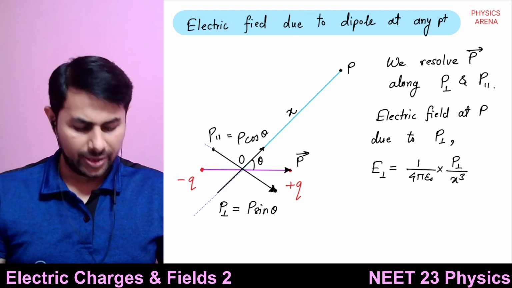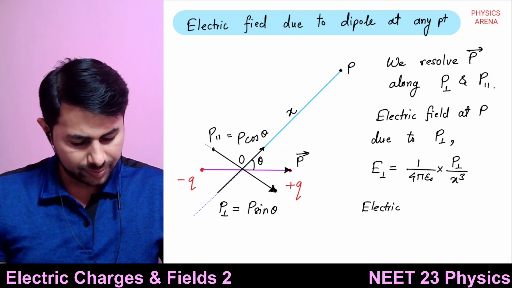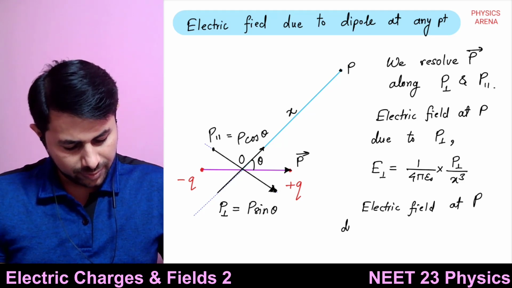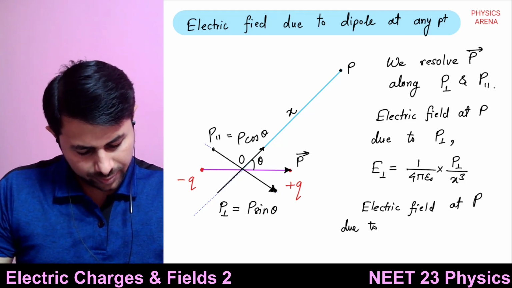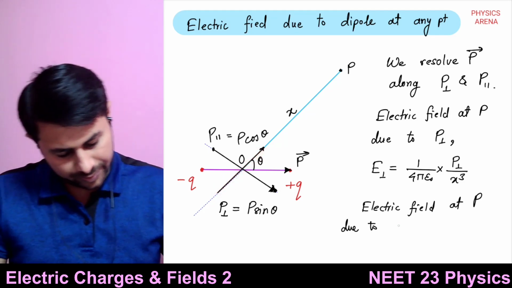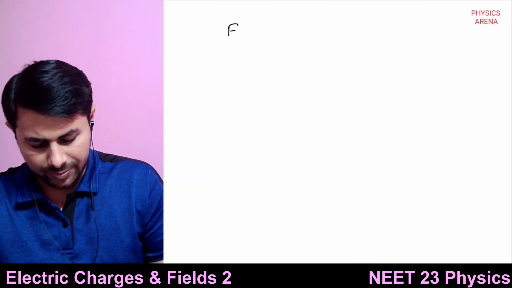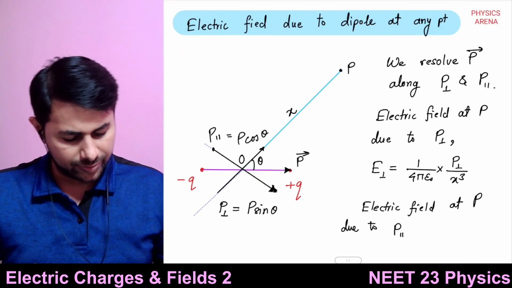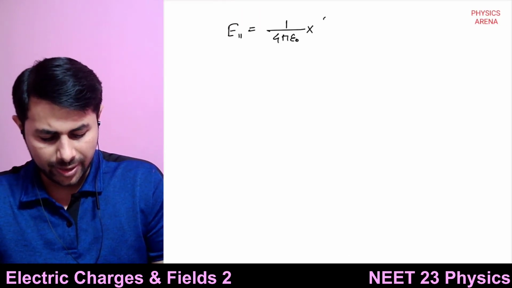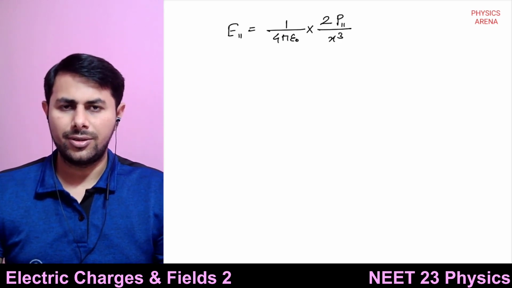And electric field at point P due to this P parallel, let's call it E parallel, will be equal to 1 upon 4 pi epsilon naught multiplied by 2 times P parallel upon x cube.